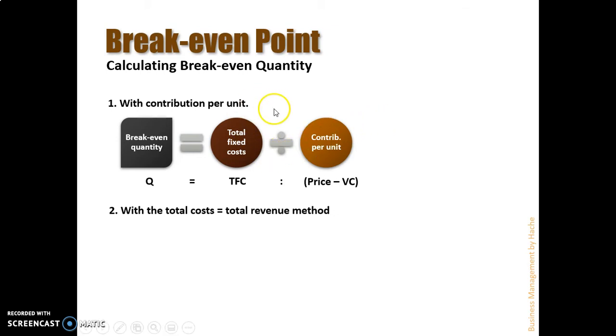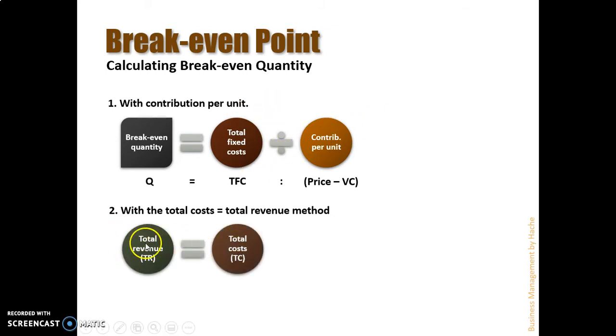So starting from that point, total revenue equals total costs, we can develop this equation. The price times the quantity, Q being your variable in this equation, gives you the total revenue. And the total cost is the total fixed cost plus the total variable costs.